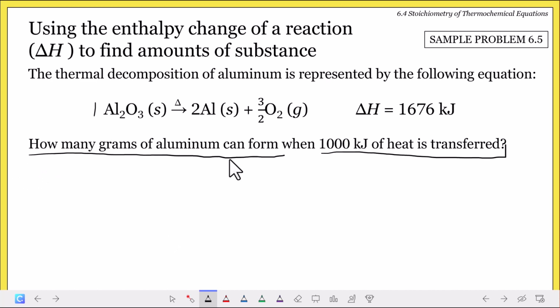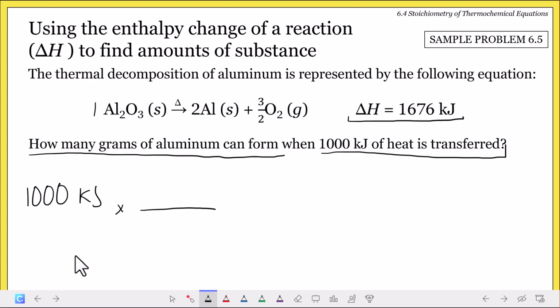So they said 1,000 kilojoules of heat were transferred. If I have 1,676 kilojoules of heat transferred, these are going to be my respective amounts of each of these substances. But it's saying I only have 1,000 kilojoules transferred.